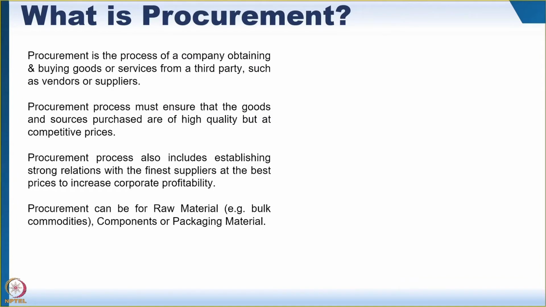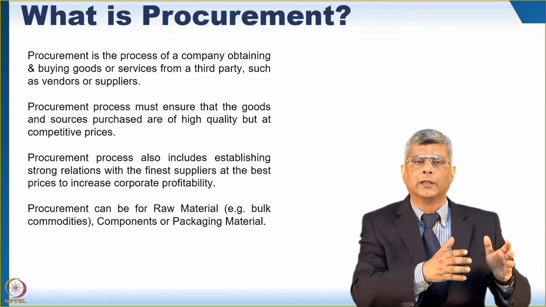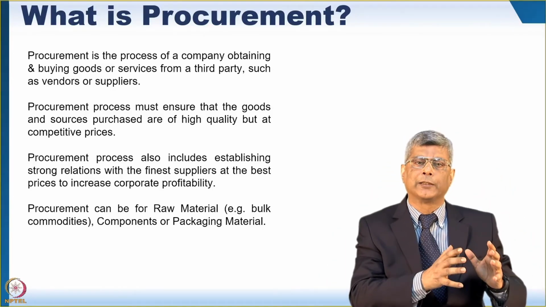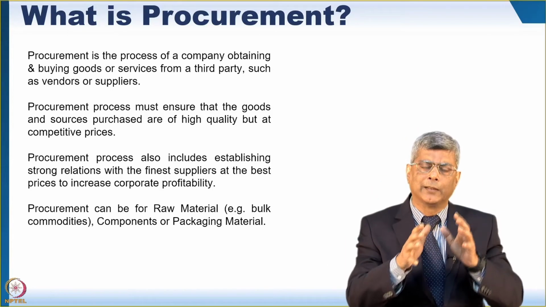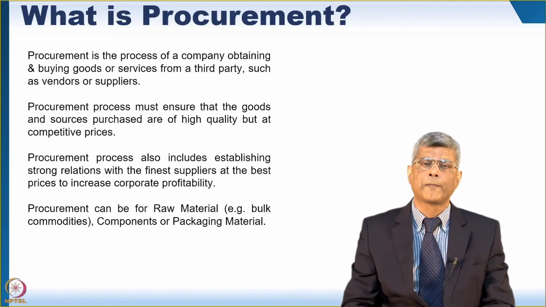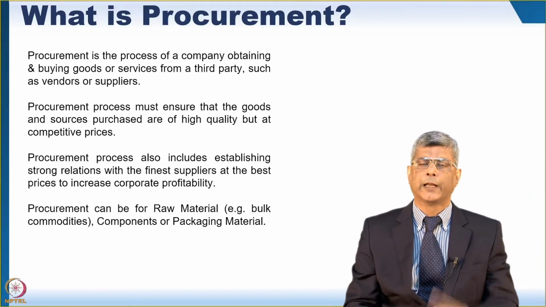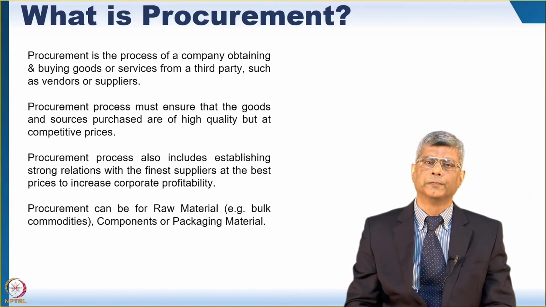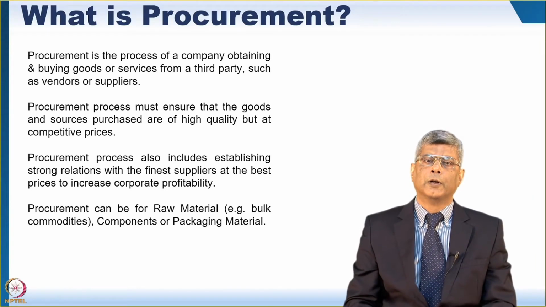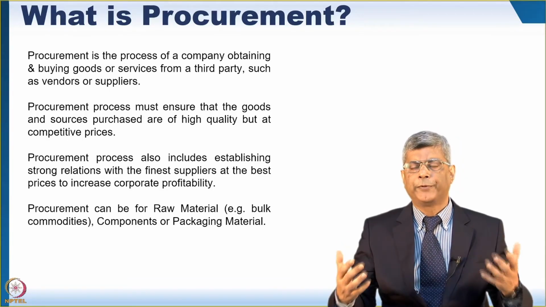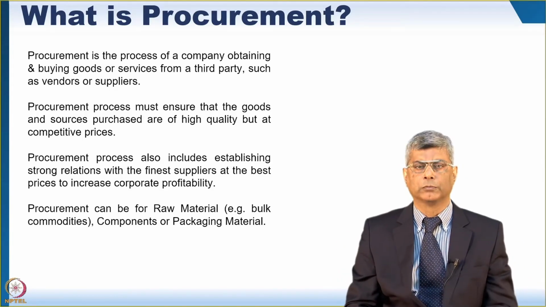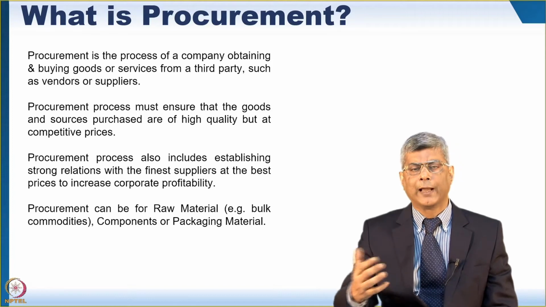So once you've got the product specification, remember the chart I had shown you, then the next part of manufacturing or the next part of activity in that factory is to get all the components. So a car that I showed you can have 1,500 components, maybe more. 5 tires will be there.